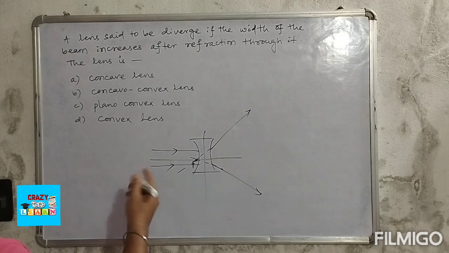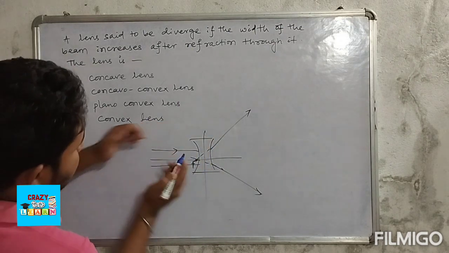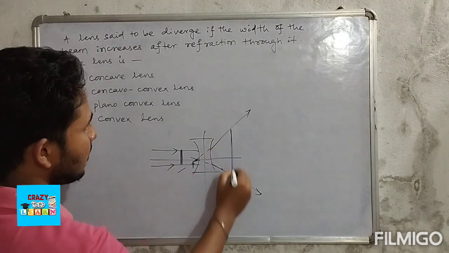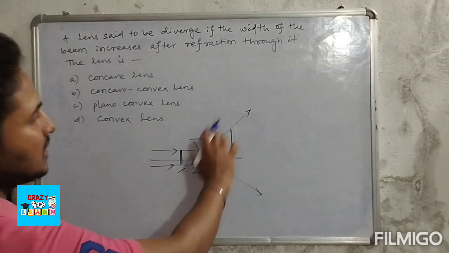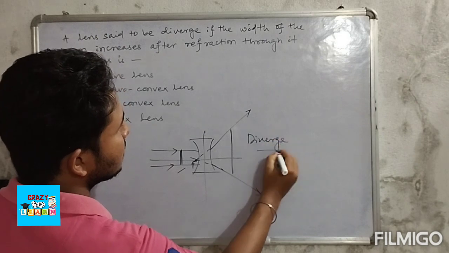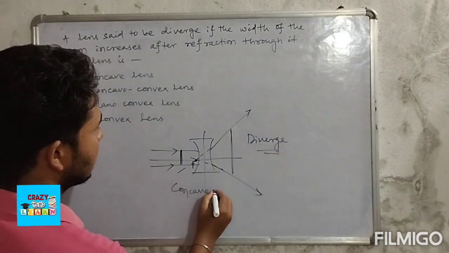Or what is the meaning of diverge? The width of the beam will increase. Here the width of the beam is this much, but now the width of the beam is this much, so the width of the beam is increased. This is called diverge situation. This type of situation happens in case of concave lens.